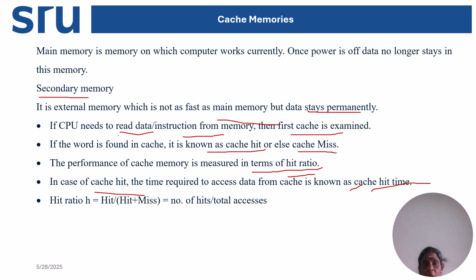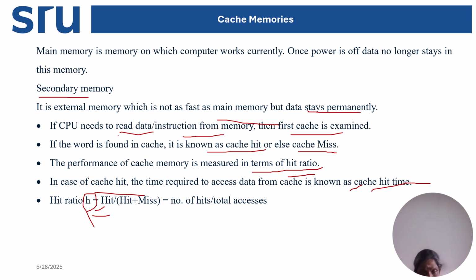Hit ratio H is equal to the total number of hits, that is the number of times data is available, divided by hits plus misses.